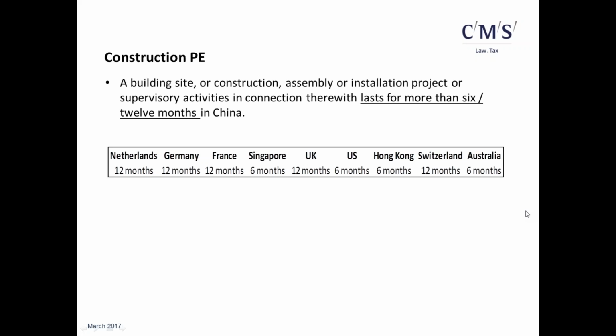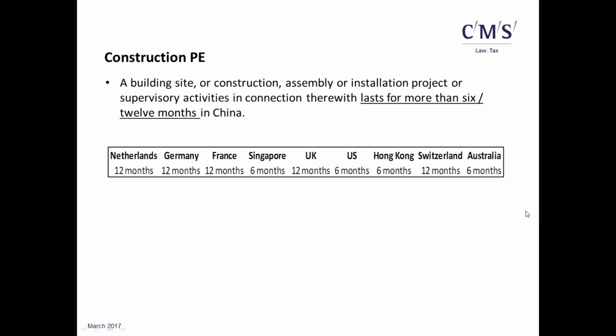Here, I have listed out several typical countries which have signed a double taxation treaty with China. For example, under the double taxation treaties between China and the Netherlands, and Germany and France and the UK and Switzerland, the time threshold for constituting a construction PE is 12 months.